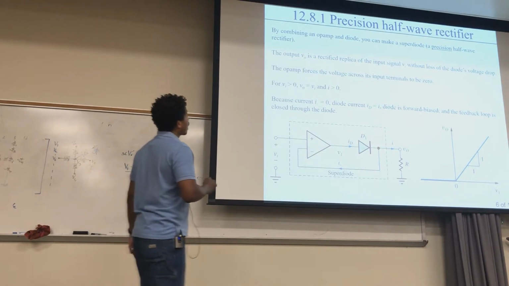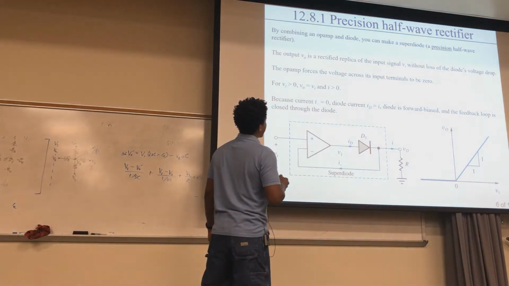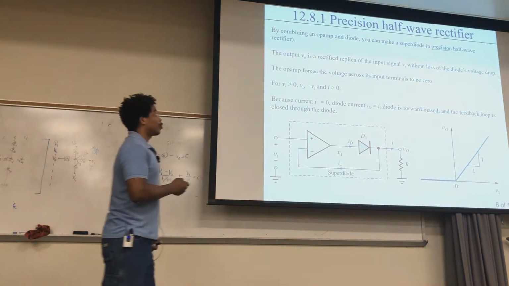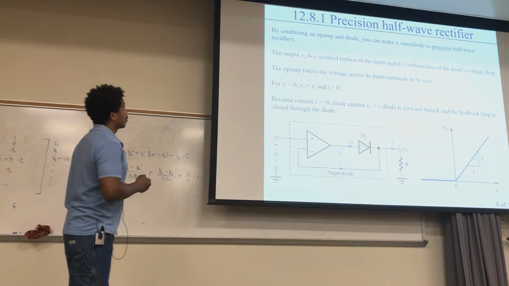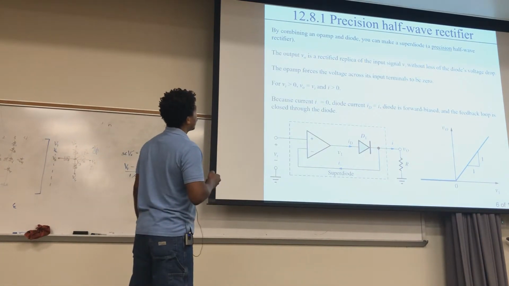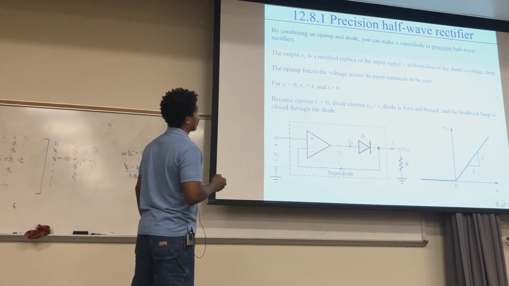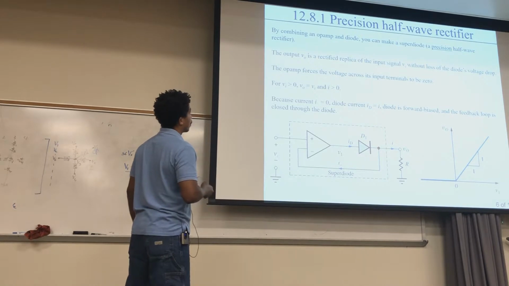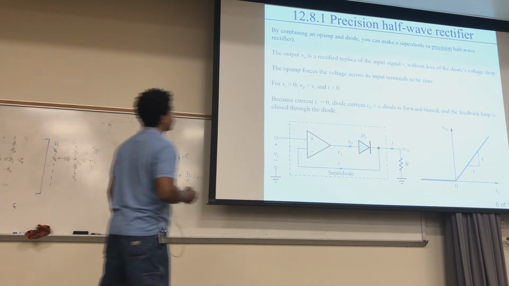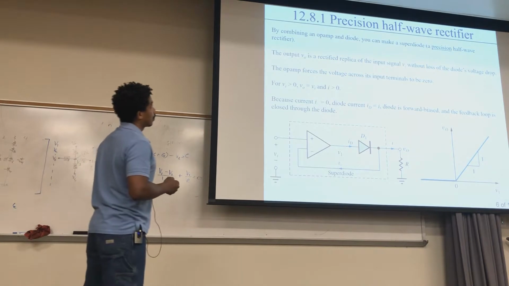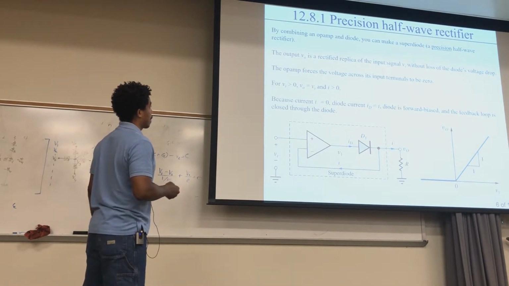Okay, so by combining an op-amp and a diode, you can make something called a super diode, which is this precision half-wave rectifier. So the output V0 is a rectified replica of the input signal Vi over here, without loss of the diode's voltage drop that I was just talking about. So it just starts taking off. So the op-amp forces the voltage across its input terminals to be 0. Okay, that's what's happening here.